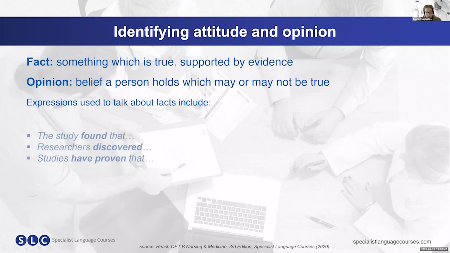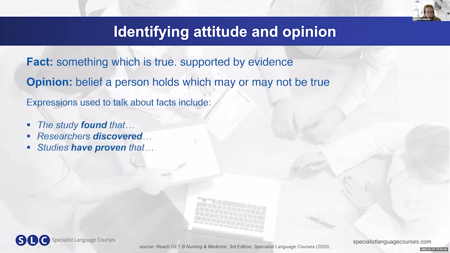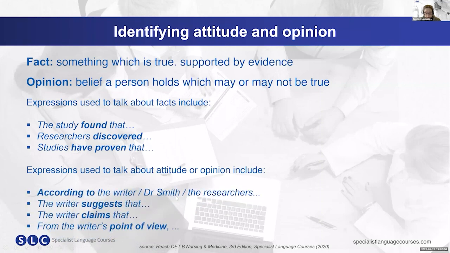Expressions used to talk about fact, we've got things like this: the study found, researchers discovered, studies have proven. And we've got opinion phrases here, you know, according to the writer, suggests, claims, from the writer's point of view.